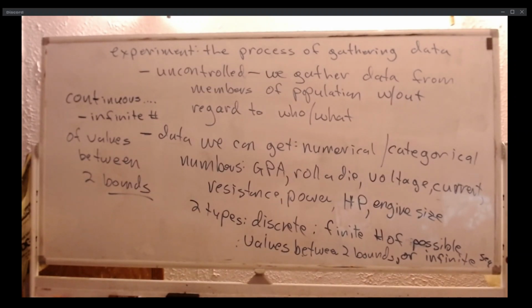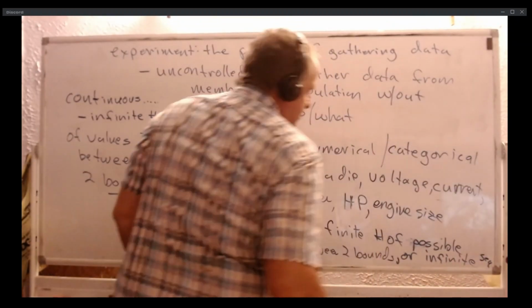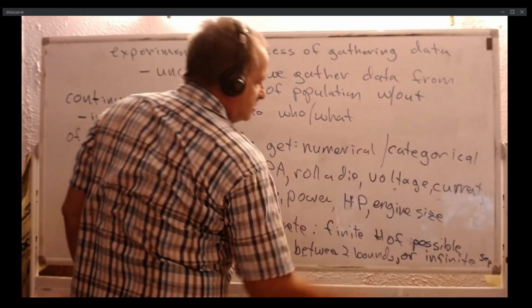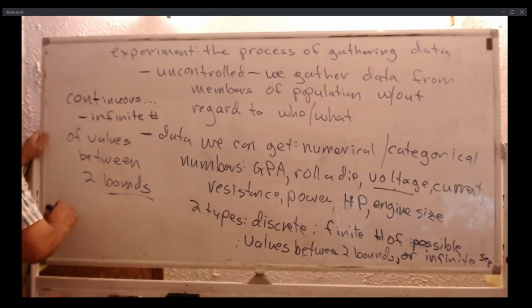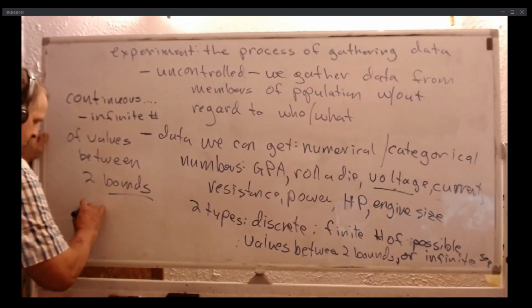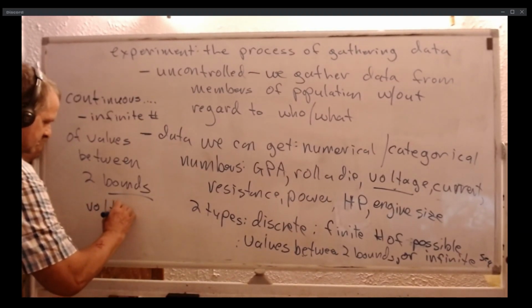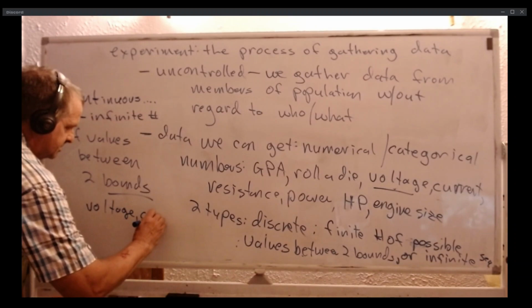The signal equivalent is analog is continuous, digital is discrete. Okay. Examples of continuous would be voltage, right? Voltage, current, right?